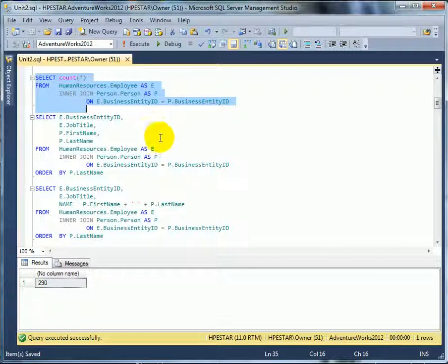Adventure Work Cycles. Now the person.person table has almost 20,000 rows, but because of the inner join, we are only selecting 290. Who are the other people in the person.person table?